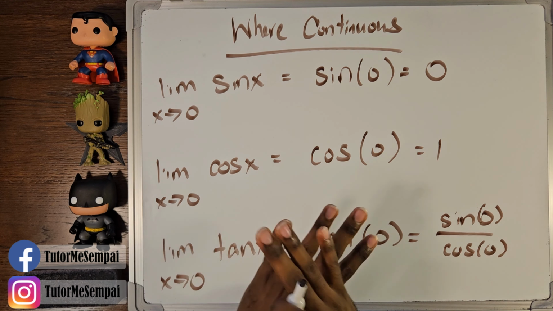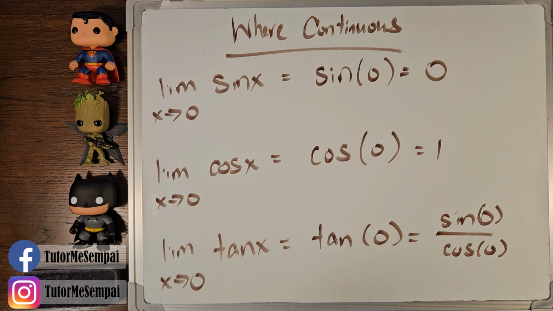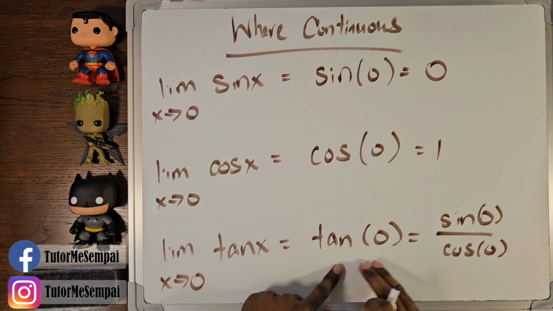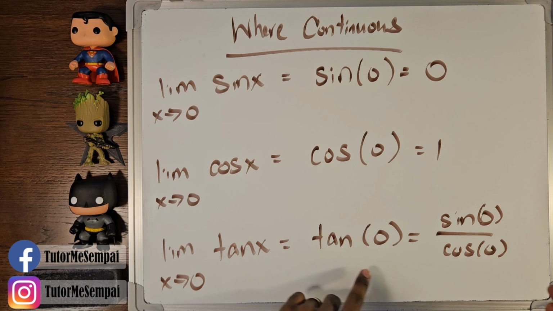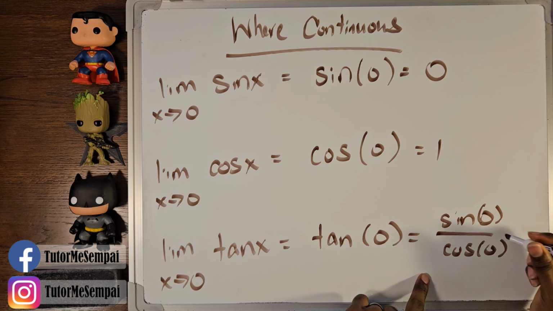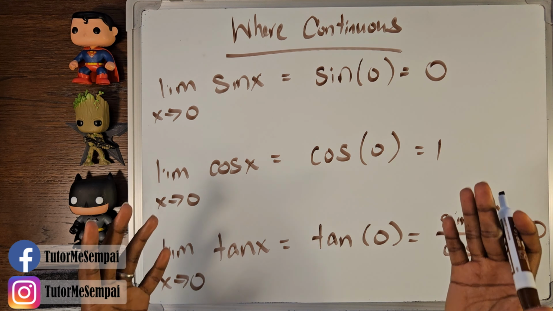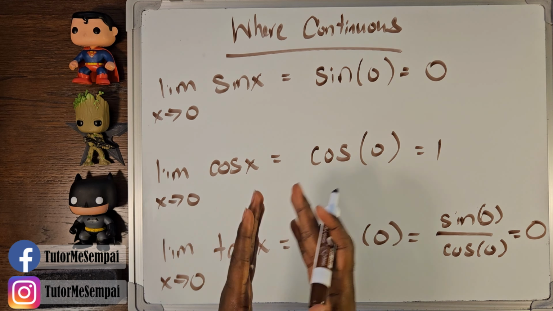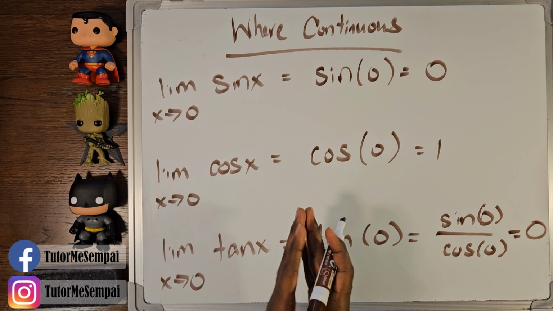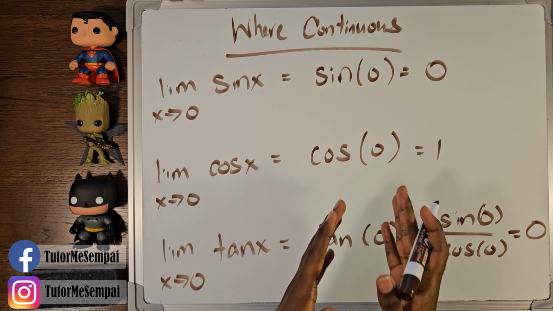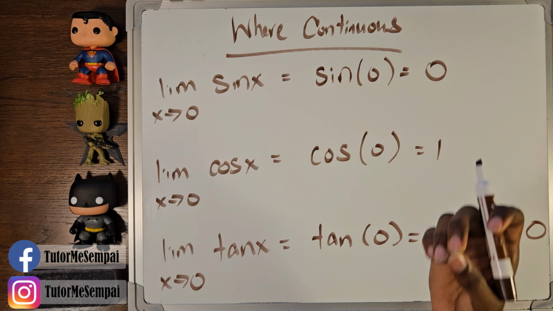Don't forget them. Don't try to wipe them out of your mind. They're going to be so useful for these, so make sure that you have them handy. Your trig identities. So tangent, if you didn't remember what that was, is sine over cosine, and you're just plugging in your zeros everywhere, which is going to equal 0. 0 over 1 is 0. So when you're trying to find the limit of your trig function where it's continuous, all you have to do is plug the value into your trig function and you'll get what the limit equals.